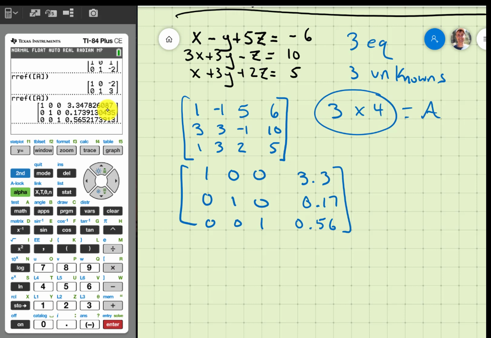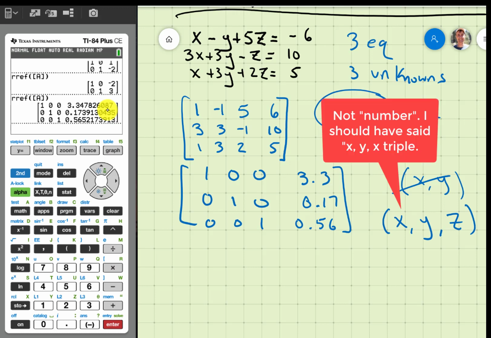Now, if I had to write down this solution with two equations and two unknowns, we're used to finding an XY pair. But this problem doesn't have two unknowns. It has three unknowns. So we don't want an ordered pair, we want an ordered triple. Our solution is going to be an XYZ number. So this first one says 1x equals 3.3.